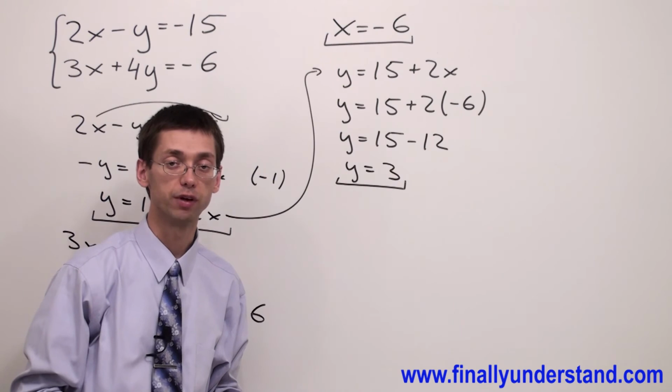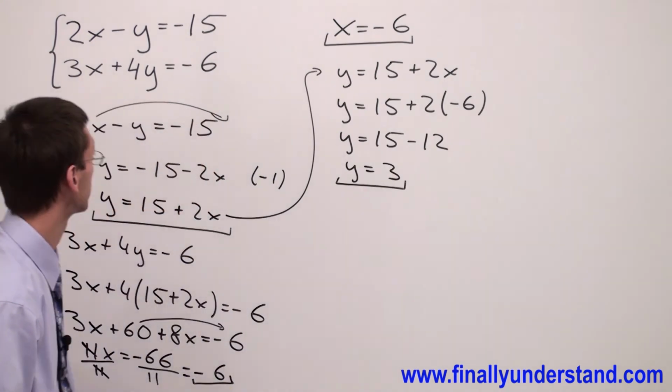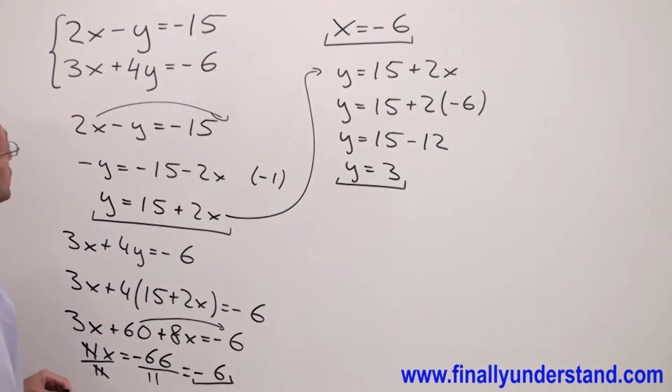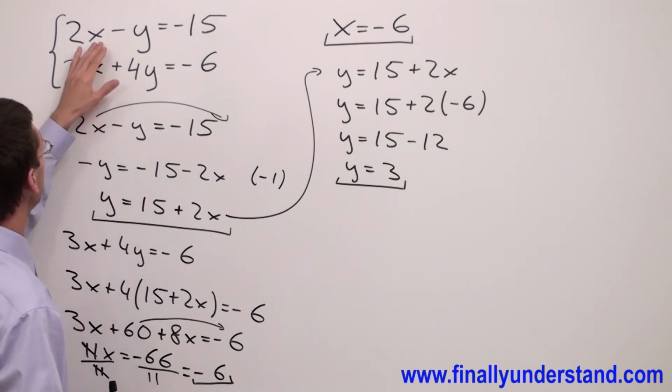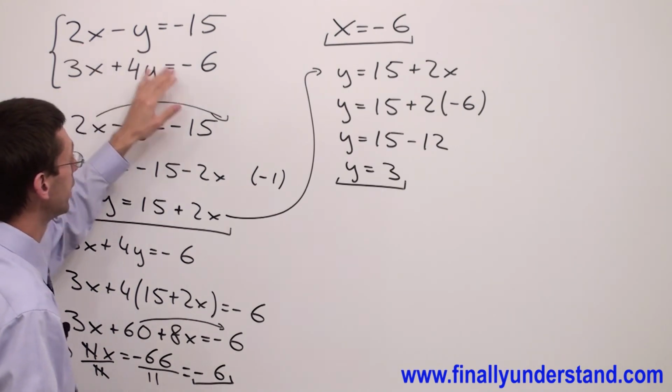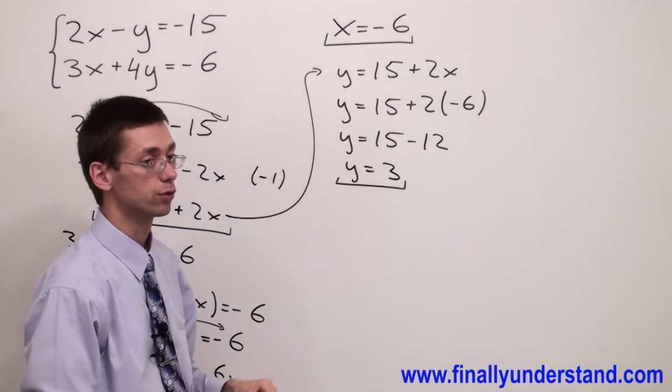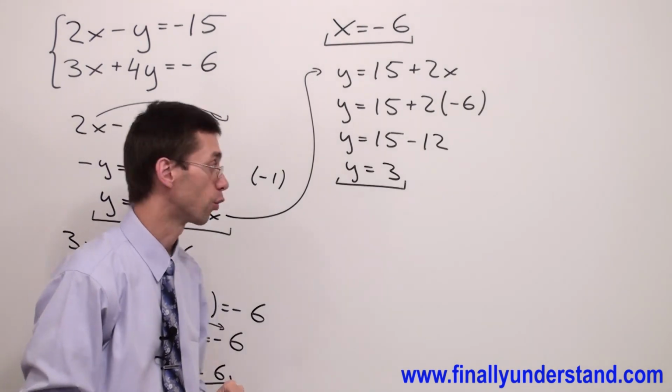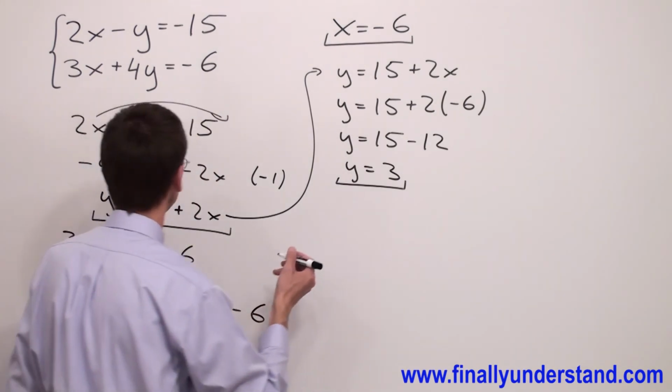Next, I'm supposed to verify if they are correct. You have to substitute x and y by these two values in both equations. So let me copy down the first one.